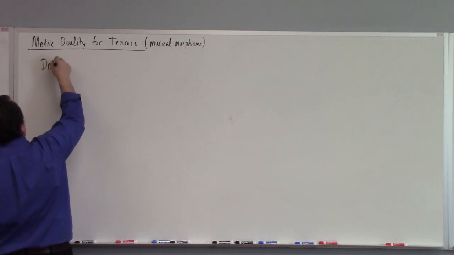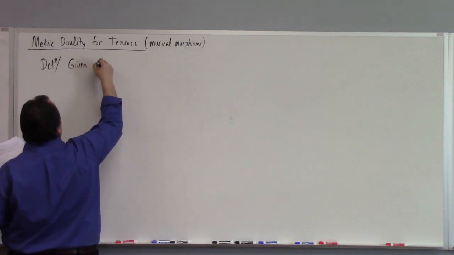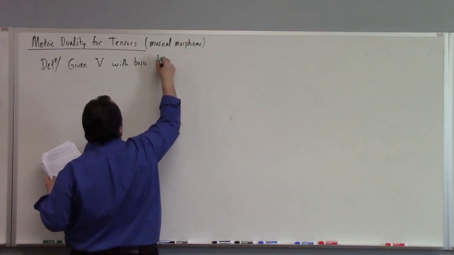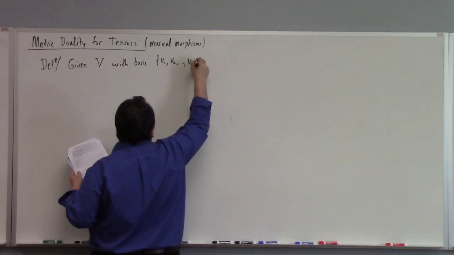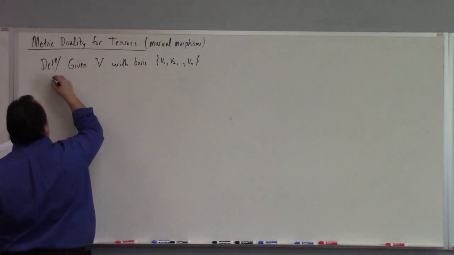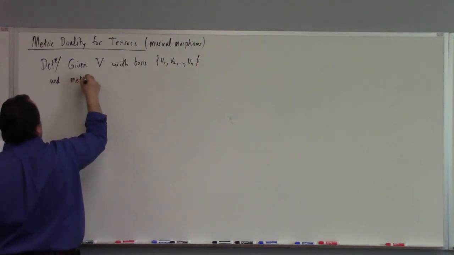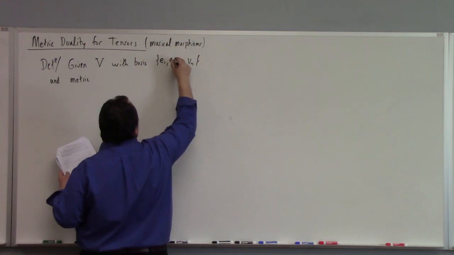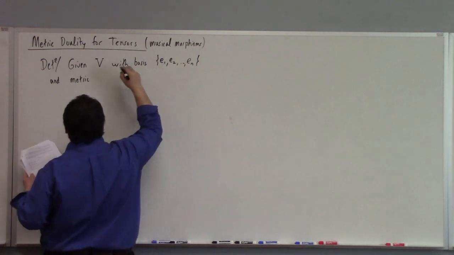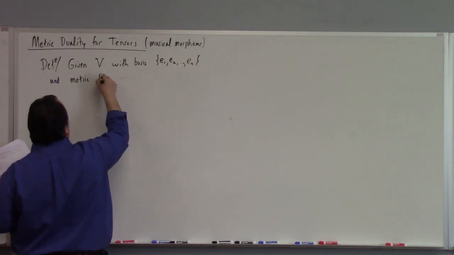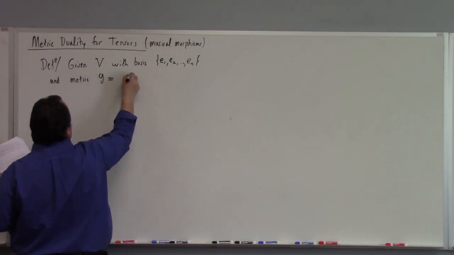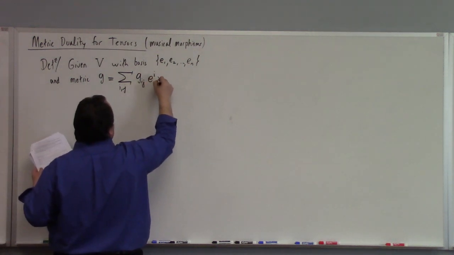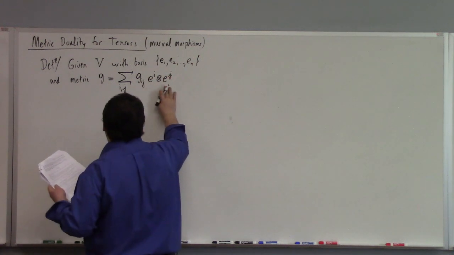So I do need a definition. Given V with basis V1, V2, dot dot dot, Vn, and metric, I guess I could say E1... Basis like that, and metric G, which of course we could write as the sum over i and j of Gij, E upper i tensor E upper j, using the usual dual basis like we've talked about before.